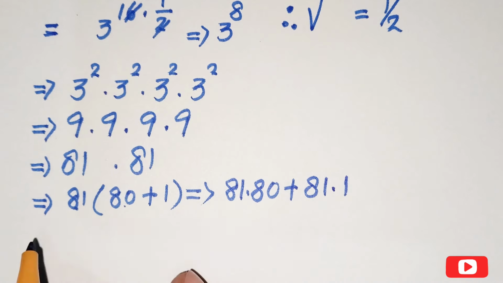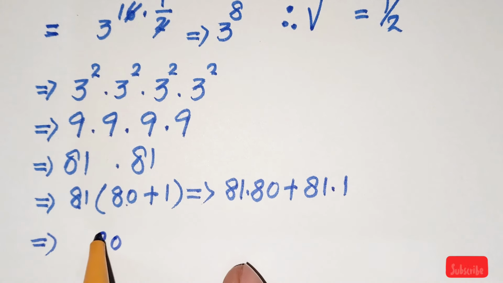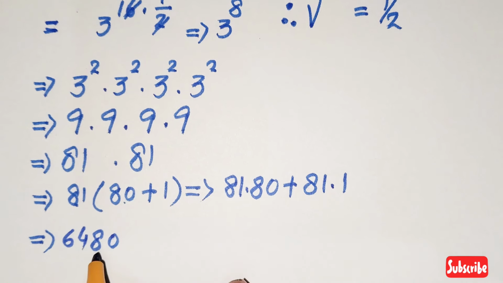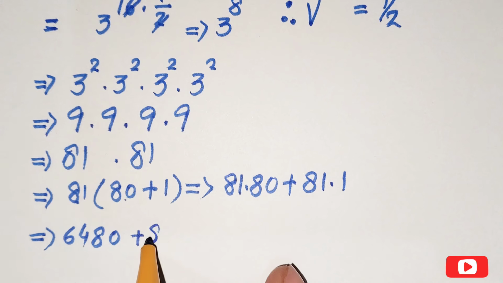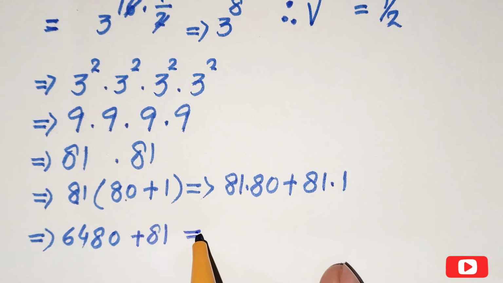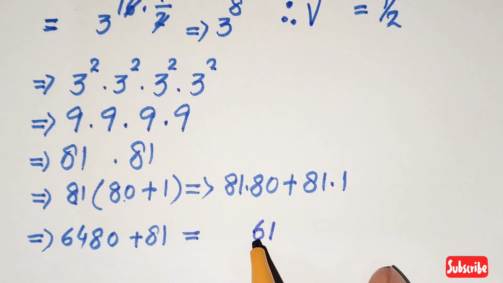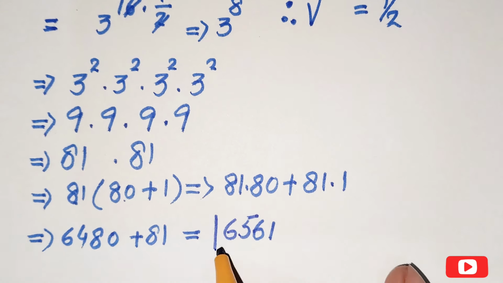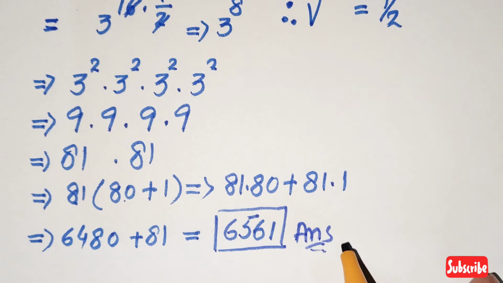We can write it like this: 0 times 1 is 0, 8 times 8 is 64, so 6480, and similarly 81 multiplied by 1 gives 81. Now adding these, we get 6561. So it is our required answer.